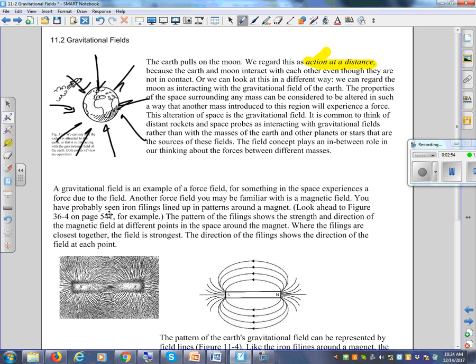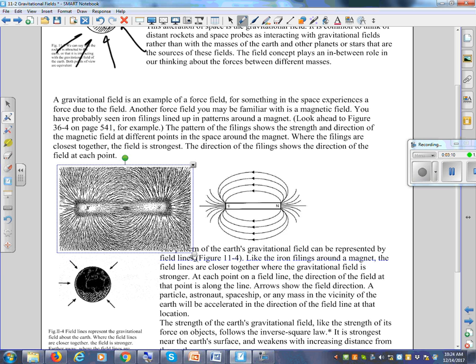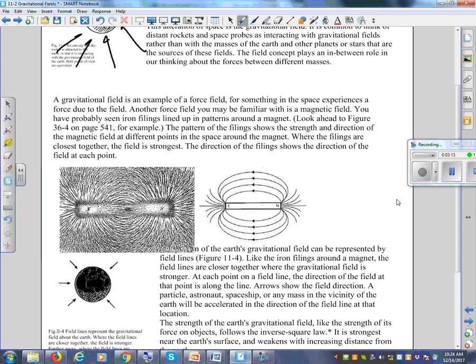You've probably seen iron filings lined up in patterns around a magnet. The pattern of the filings shows the strength and the direction of the magnetic field at different points in the space around the magnet. Where the filings are closest together, the field is strongest. Notice in this picture here, let me make this a bit bigger. Do you guys have this picture? Where are the lines closest together?